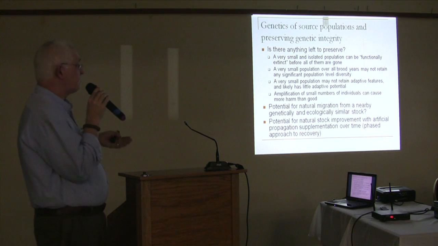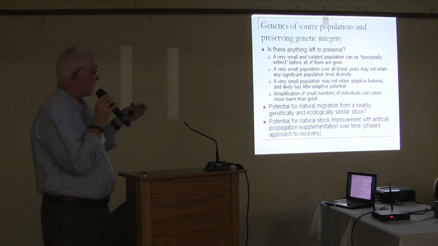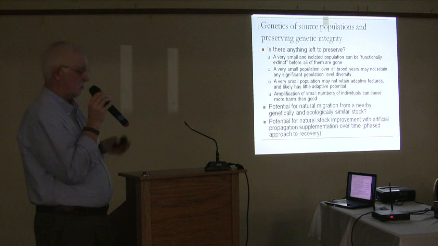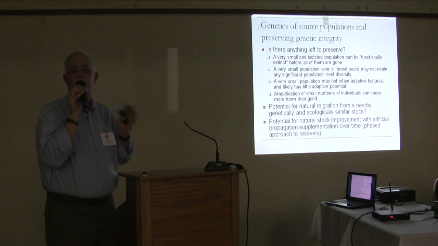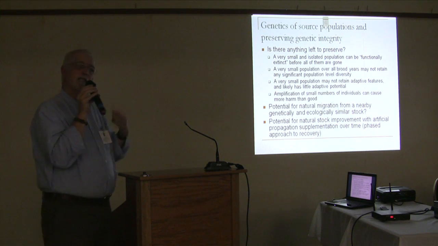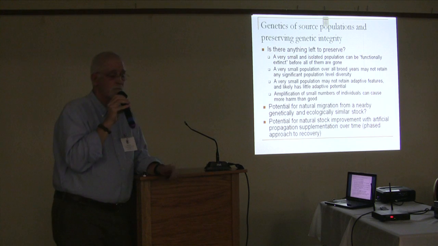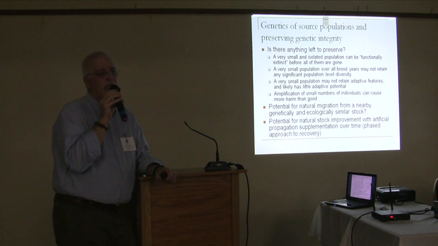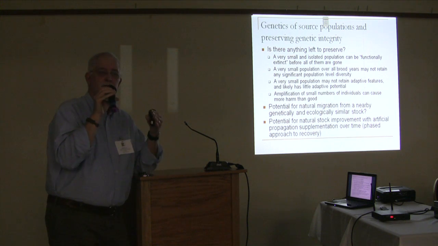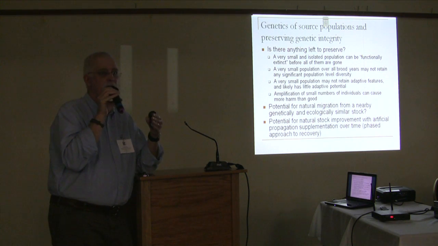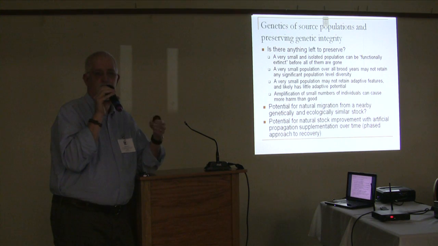Finally, there is potential for natural stock improvement in association with artificial propagation supplementation over time. And I'd like to emphasize here that a phased approach is required in such situations, and maybe all of these situations. It's frequently thought that when you identify a population decline or you identify a conservation problem, that you can do something and fix it.